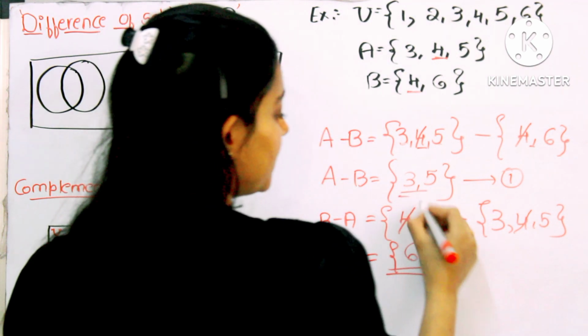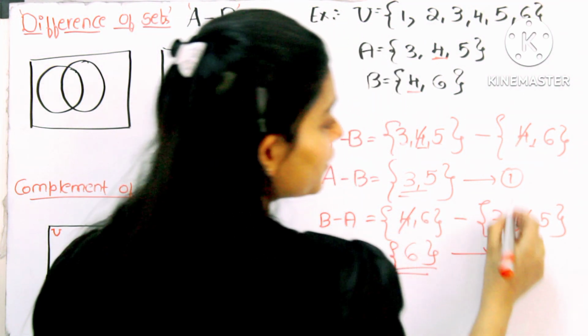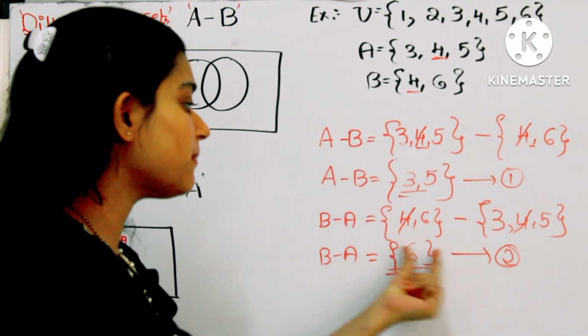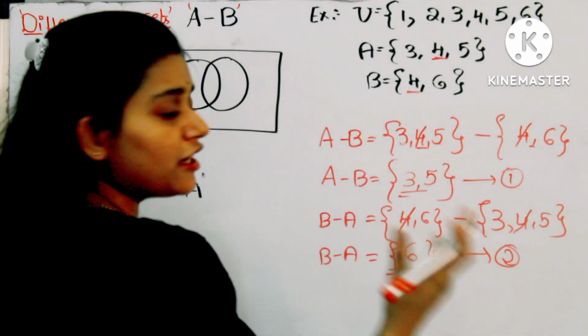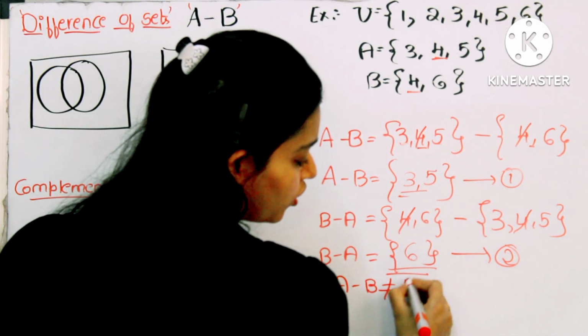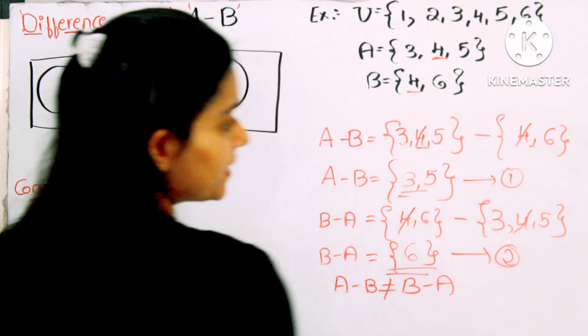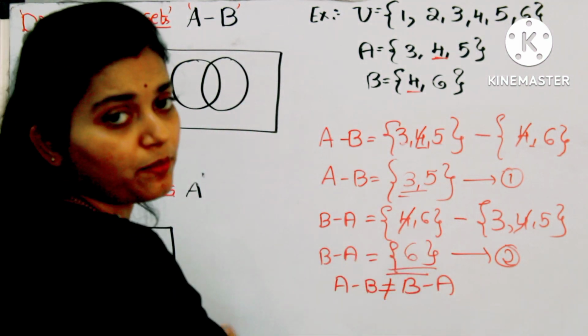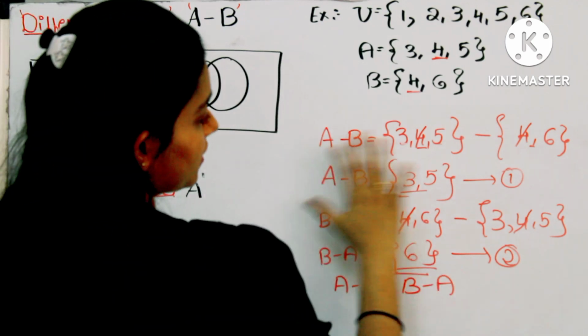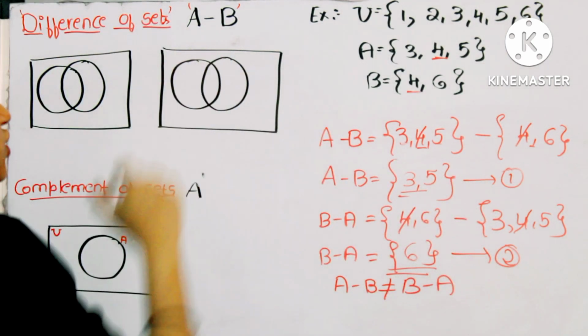Take this as equation 2. Now from 1 and 2, what do we have? A minus B is 3, 5 and B minus A is 6, which are not equal. So the conclusion is A minus B is not equal to B minus A. So the commutative and associative properties do not hold. This is difference of sets.